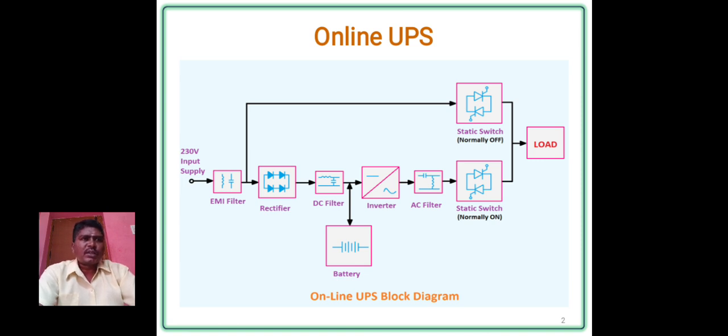Next, in the case of online UPS, if you see here, there are two static switches. In online UPS, the lower static switch is normally on and the upper static switch is normally off. So in normal condition, the power flows from the main supply to the load through this UPS circuitry.